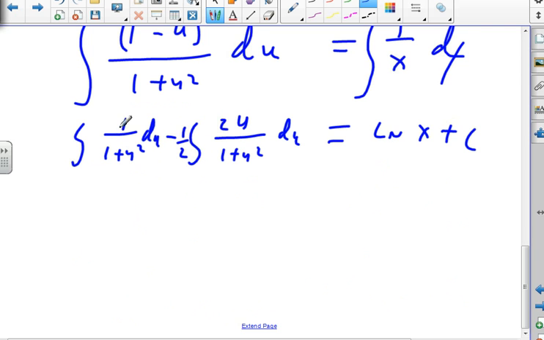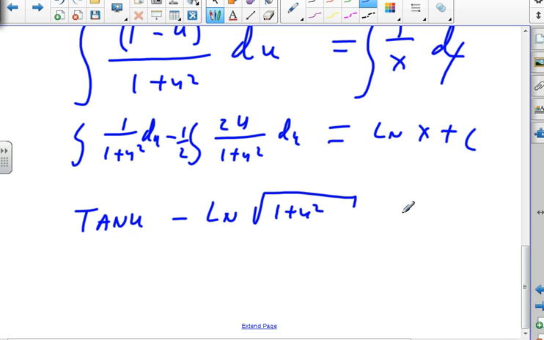The integral of 1 over 1 plus u squared du is tangent u, right? Tangent u minus natural log of the square root of 1 plus u squared is equal to natural log x plus c.